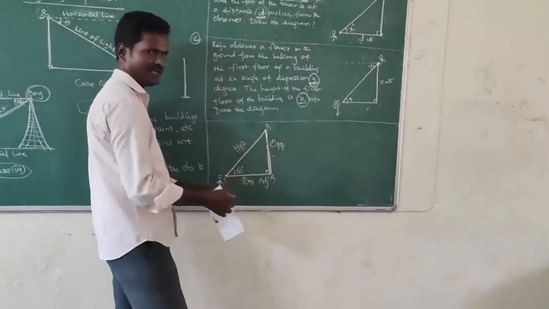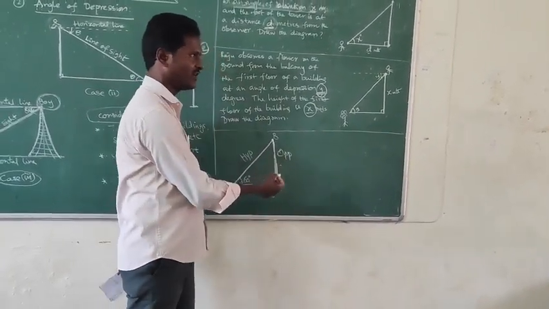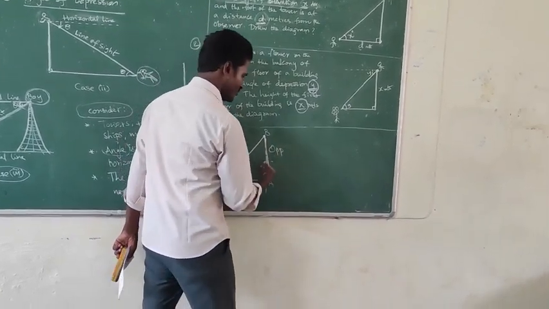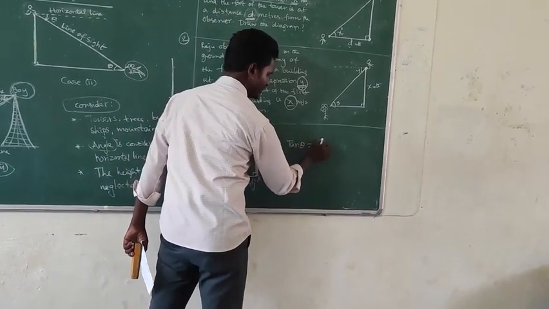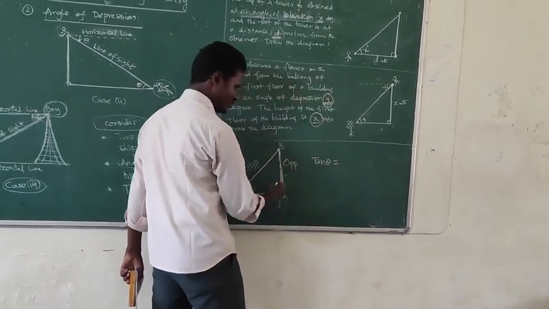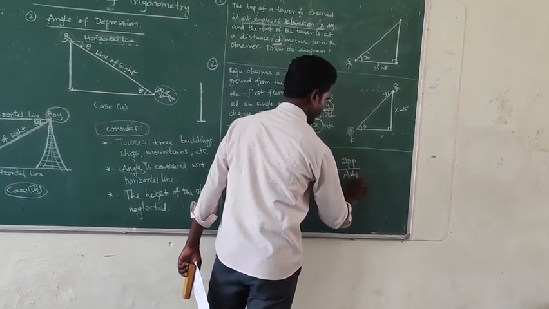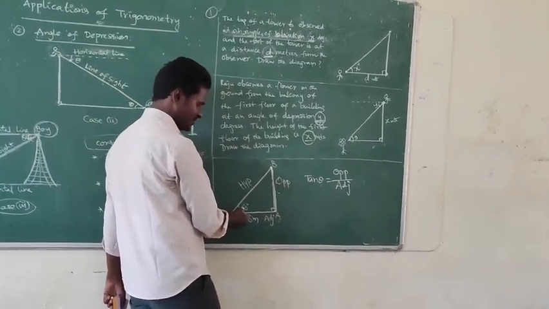So what is the relation between the opposite side and the adjacent side? I have to take tan theta or cot theta. Now I am taking tan theta, which is the relation between the opposite side and the adjacent side. Here theta is given as 60 degrees.